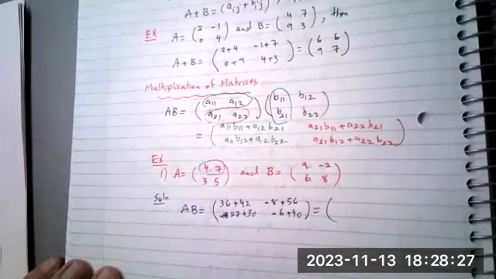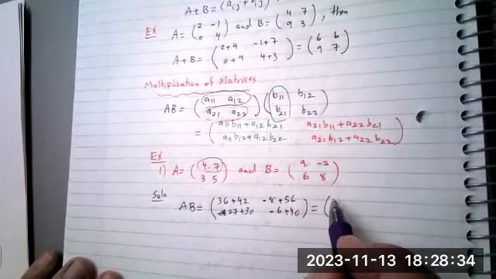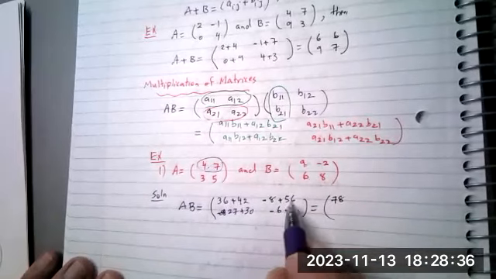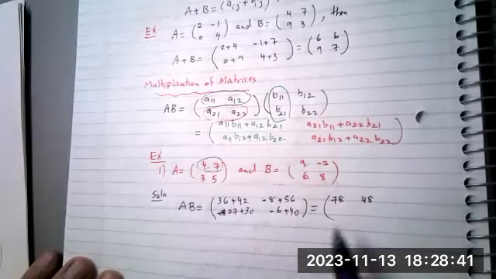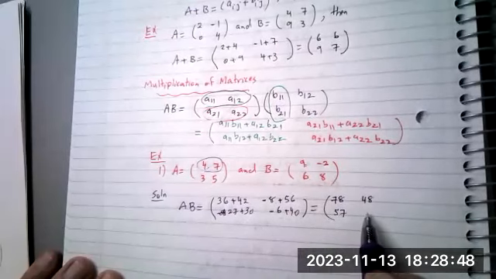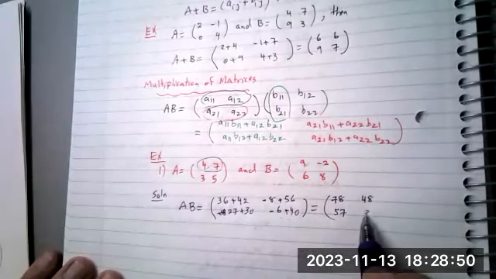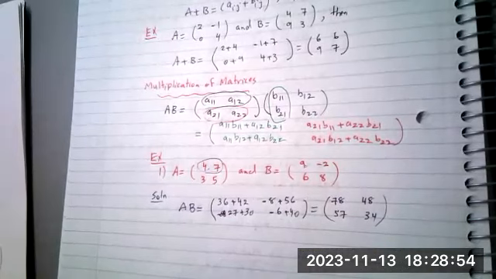So the final answer: 36 and 42 gives 78. -8 plus 56 gives you 48. 27 and 30 give you 57. And that makes 34. So that would be the product of the two matrices for the 2 by 2.